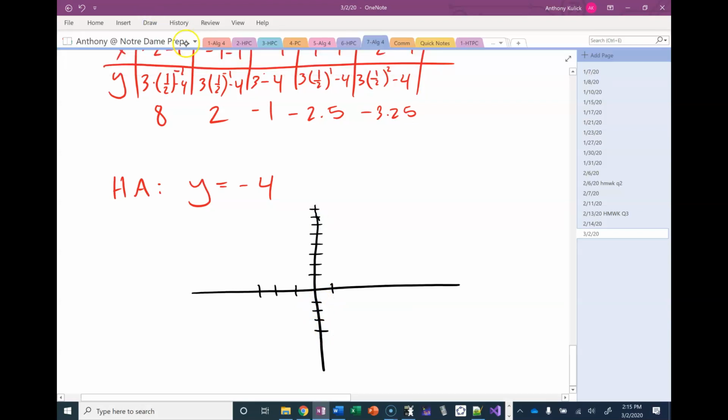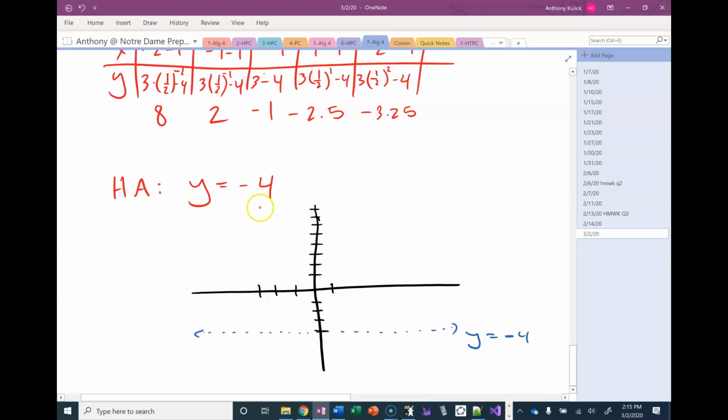Okay. So there I've drawn my XY axis and put some tick marks in. Next thing I like to do is I like to put in that horizontal asymptote. And I'm going to draw my graph.